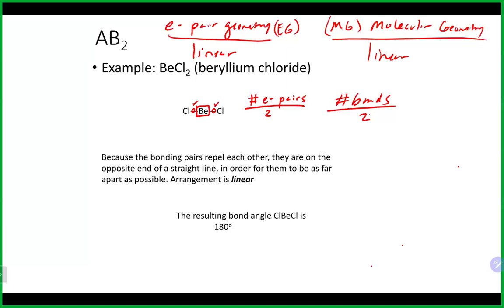As those electrons move, the atoms are bonded to them, so they move with the electrons, and the atoms end up in the exact same location as those electrons, on opposite ends of each other, giving this linear geometry, which has a bond angle of 180 degrees. This is, again, as far away from each other as they can get.